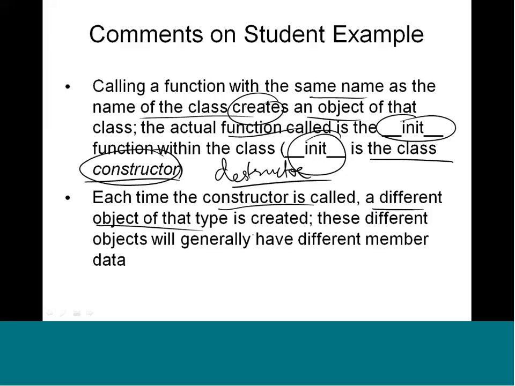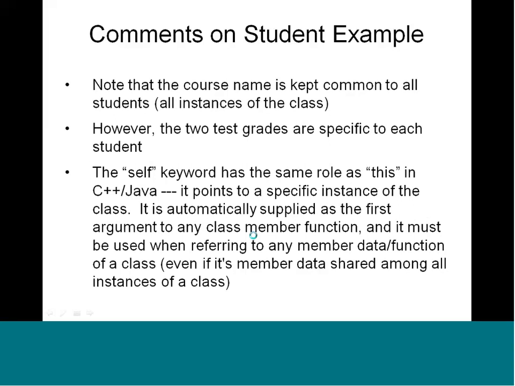These different objects will generally have different member data. In the previous example, the course name was held constant. It was the chem 3412 class. However, the two test grades are specific to each student.